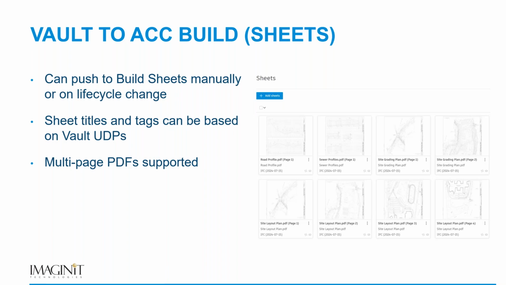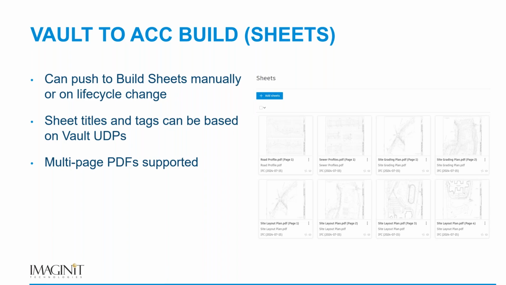Sheet titles and tags can be based on Vault properties. In this particular utilities case, they had essentially a user-defined property in Vault that was linked to their drawing title blocks. And that was the name of the sheet.